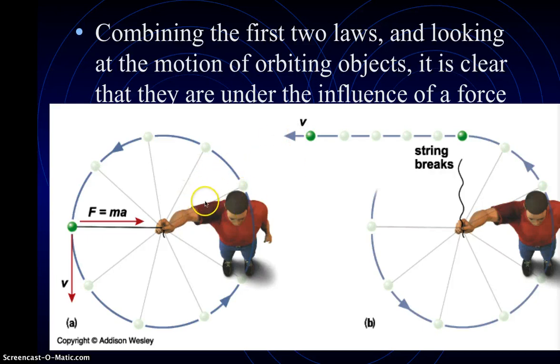So simply using Newton's first two laws, we can postulate that planets only orbit in those orbits that they take because there's some force acting on it. Furthermore, we can postulate that that force is towards the center of their orbit or towards the sun.